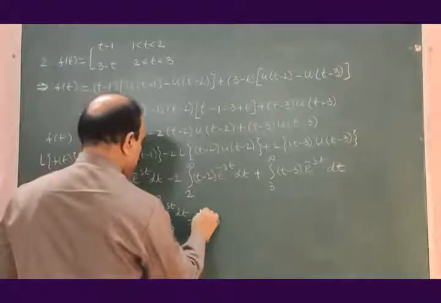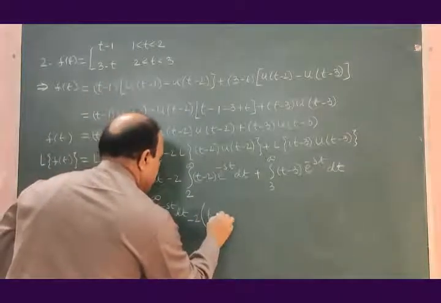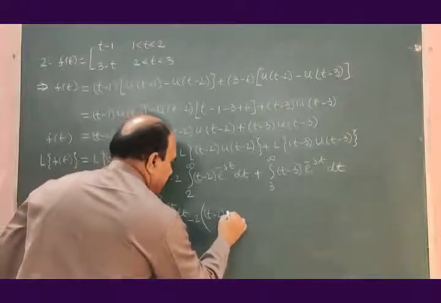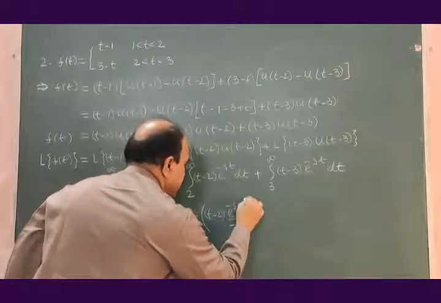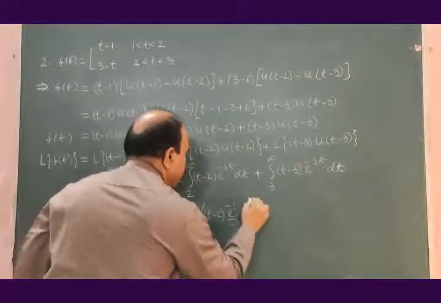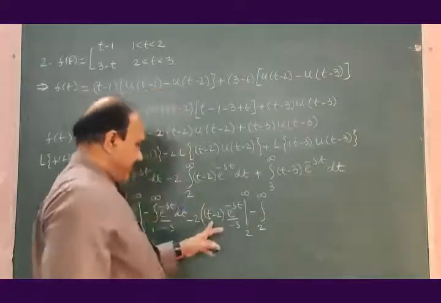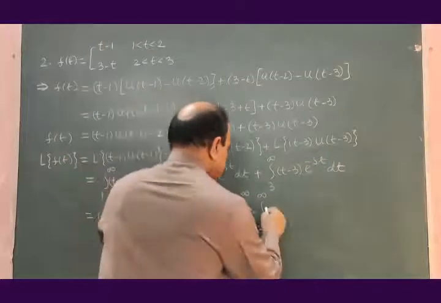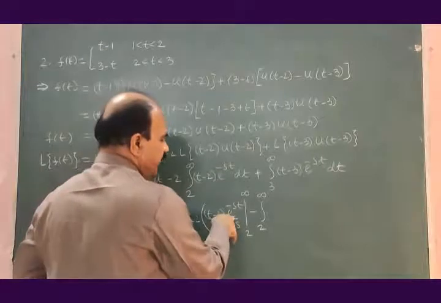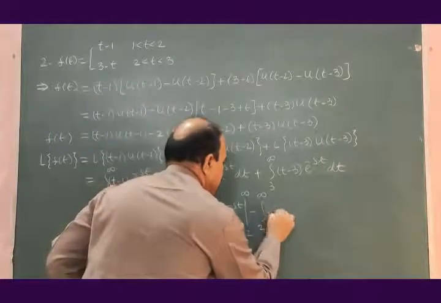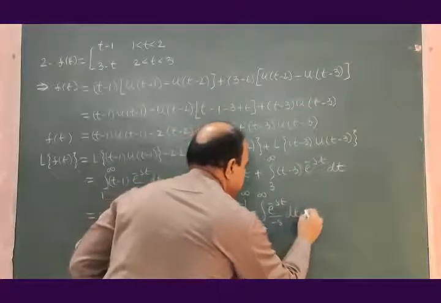Minus 2 into f of x, t minus 2, into integration of g of x, e to the power minus st divided by minus s, limits 2 to infinity, minus integration over 2 to infinity f dash of x, 1, no need to write 1, integration of g of x, e to the power minus st divided by minus s dt.